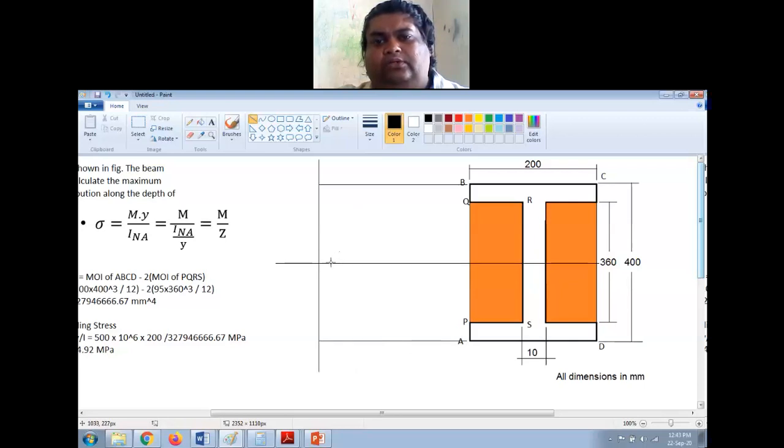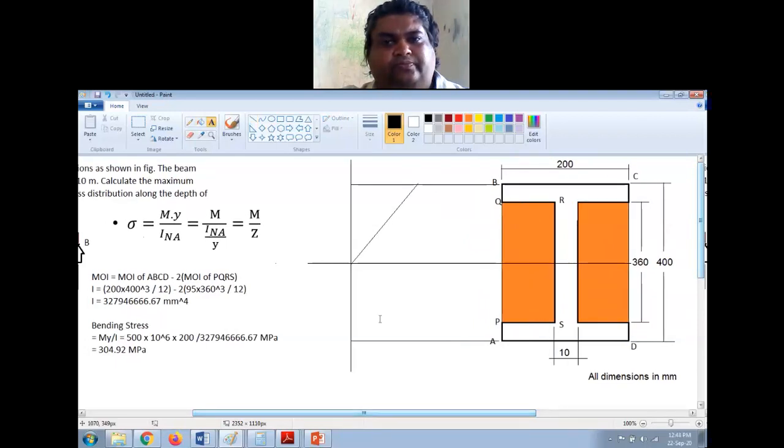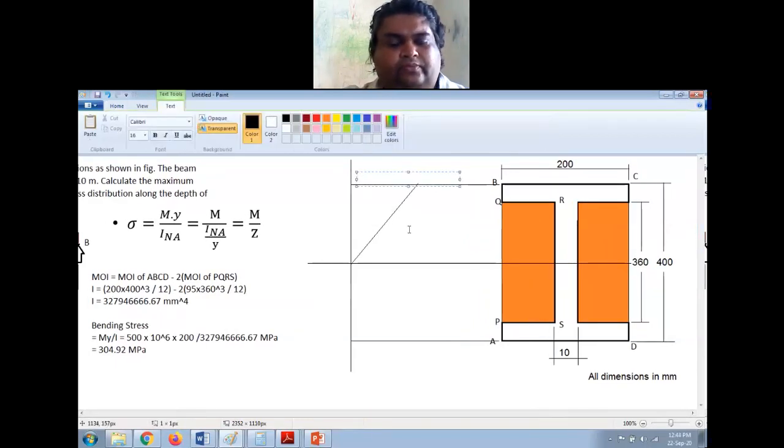Now the fibers above the neutral axis is subjected to compression stress or compressive stress. So you can show it like this. The variation will be linear, right? So you can write the value of this 304.92 MPa.